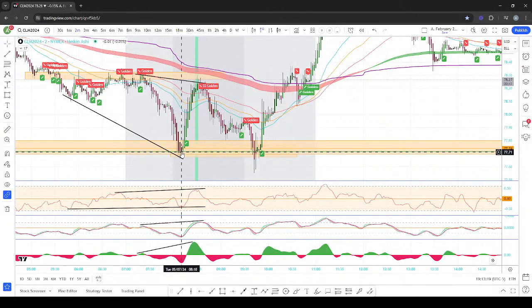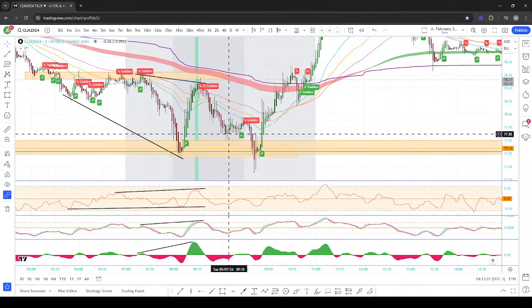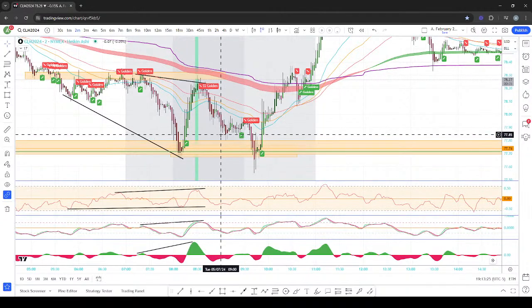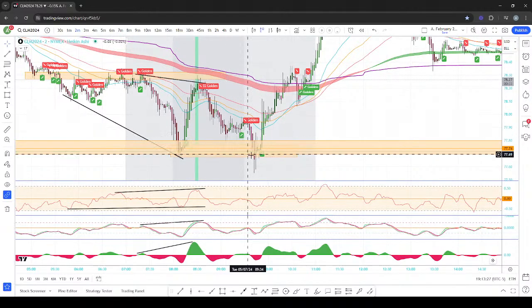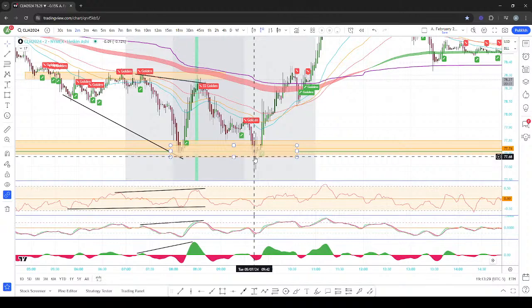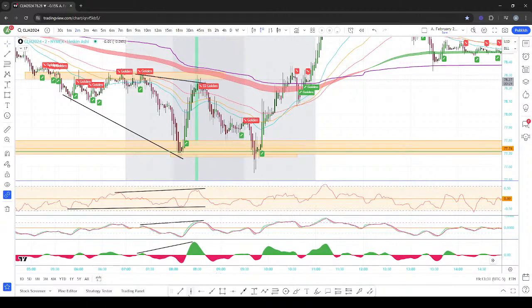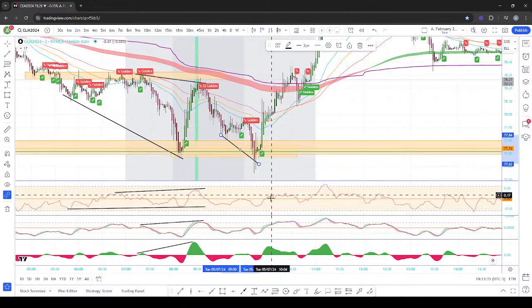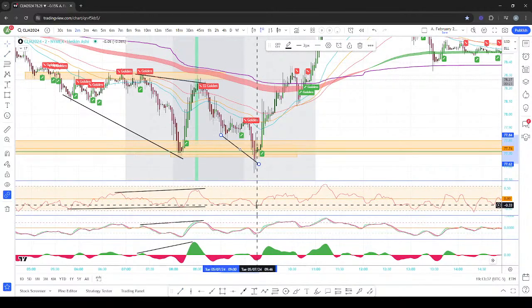So then from this point down to this point, from this little swing low right here down to here, I will look for a confirmation for a bullish divergence, just by using the crosshairs of my cursor right here. This is not giving me that.